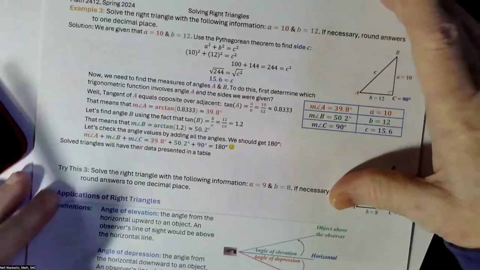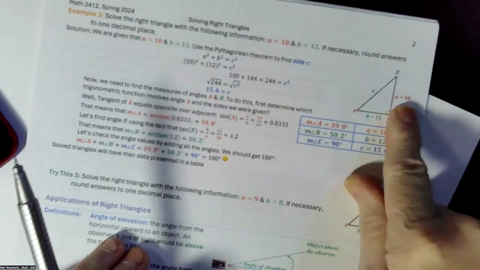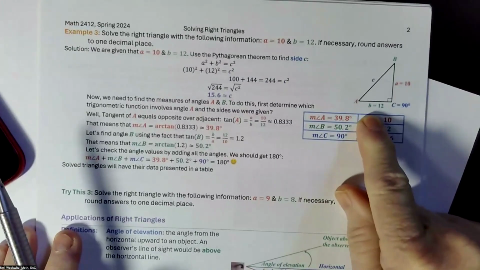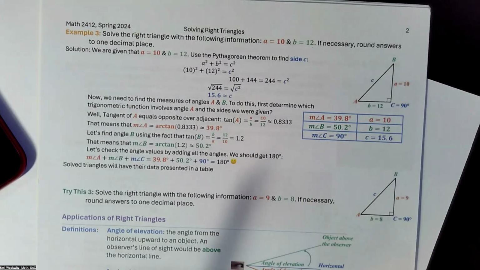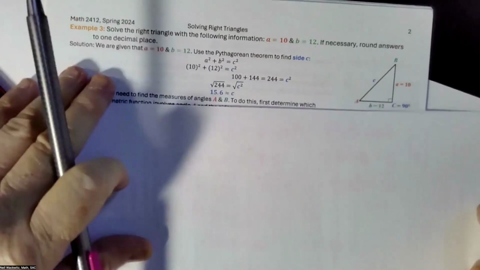Okay. What if we know that A is 10 and B is 12. And we know we're having a right angle. But we don't know any other angles.